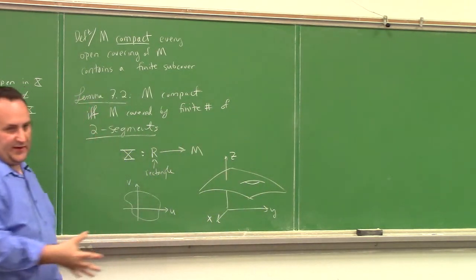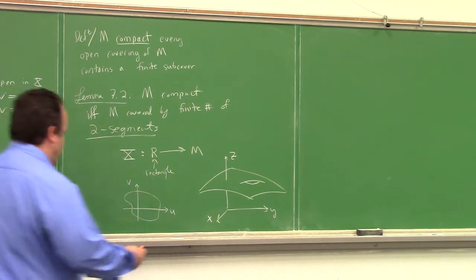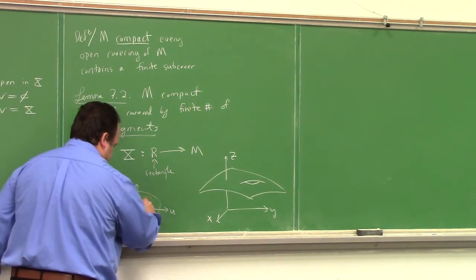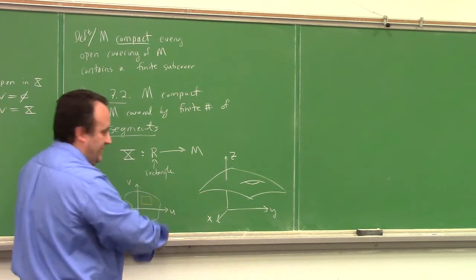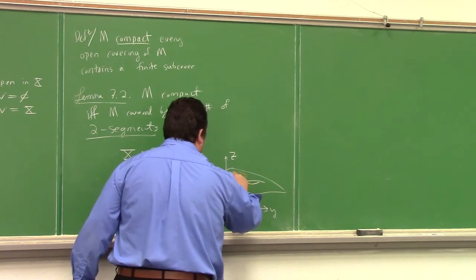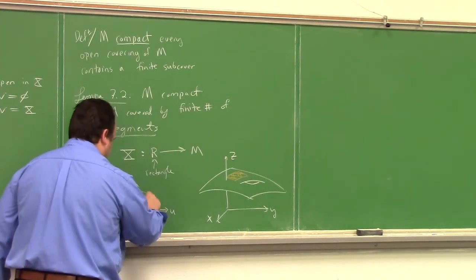A 2-segment on the surface is just like you take a rectangle in here and the image of that rectangle. There you go, that's a 2-segment on the surface, okay?